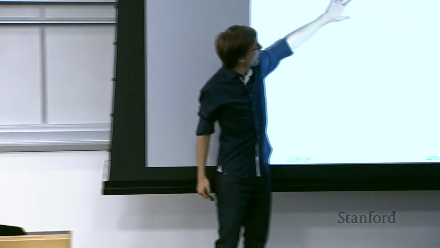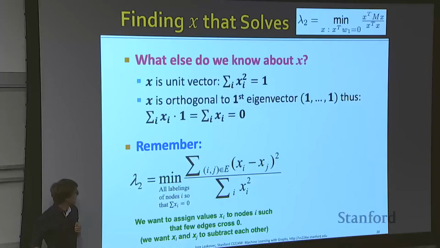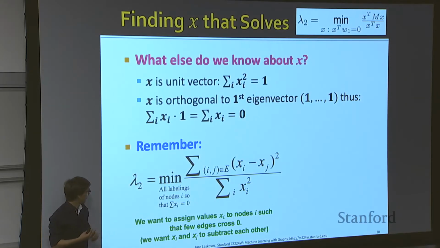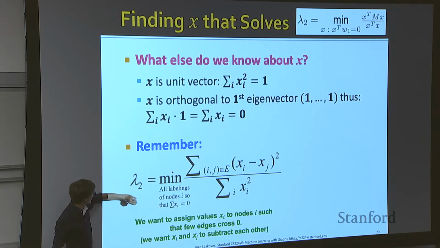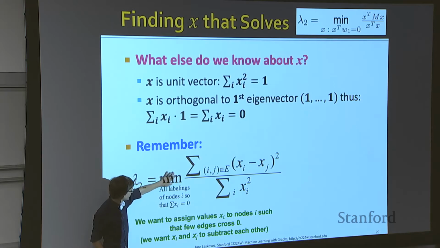So now I will go and restate that equation in the top right corner, what we did in the previous slide. I can restate the equation over the graph Laplacian as the following: lambda 2 is a solution to the following optimization problem.